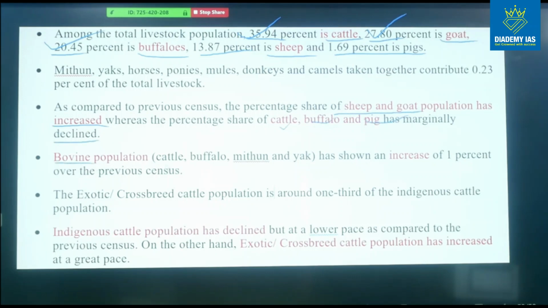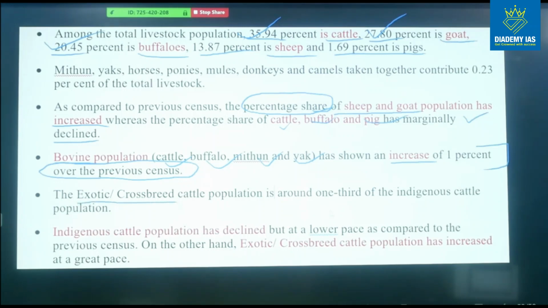Bovine population, which includes cattle, buffalo, mithun, yak, has also increased over the previous census. If we talk about percentage share in the overall population, it has declined, but over the previous census the population has increased by 1%, right? So cattle, buffalo and pig have been reduced in percentage share of the overall livestock population, but as compared to the last census there is an increment.